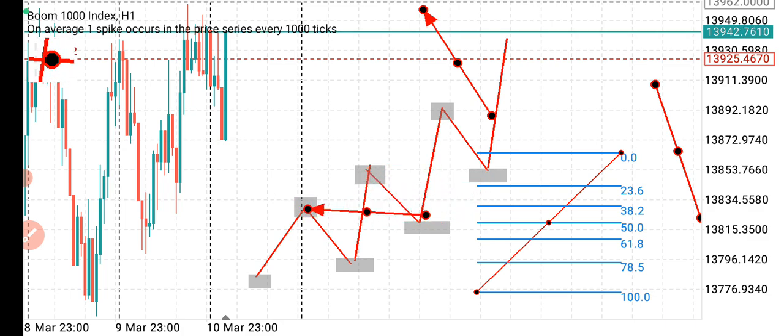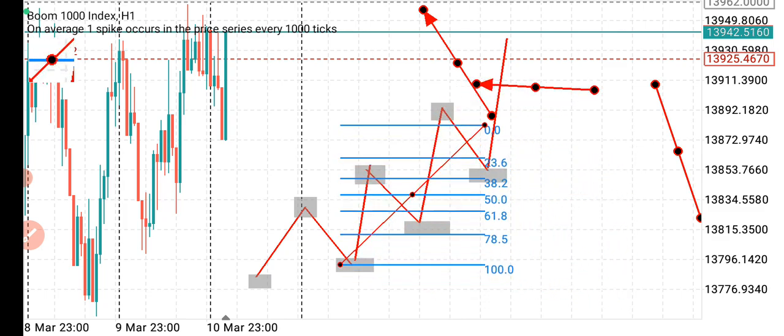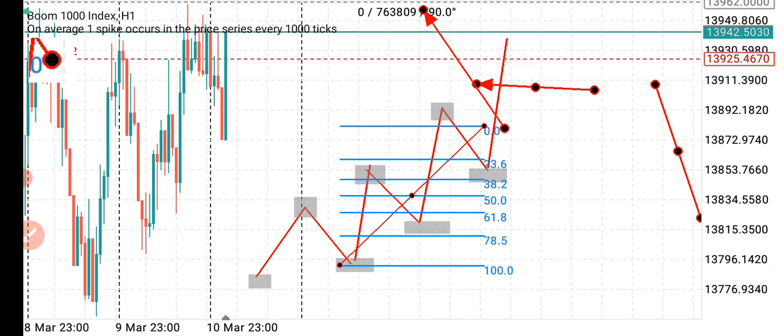So if this first leg has formed, the second thing that will be forming is the second leg, which is this range. And once it has reversed, for you to know that the reversal has commenced on this leg, is when price returns to a level of 23.6.